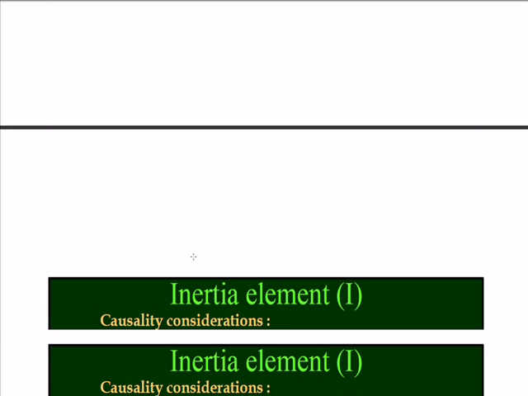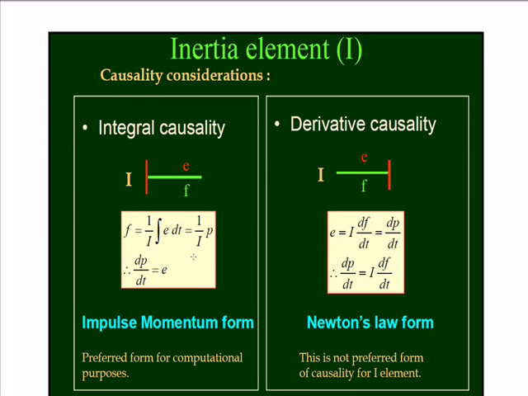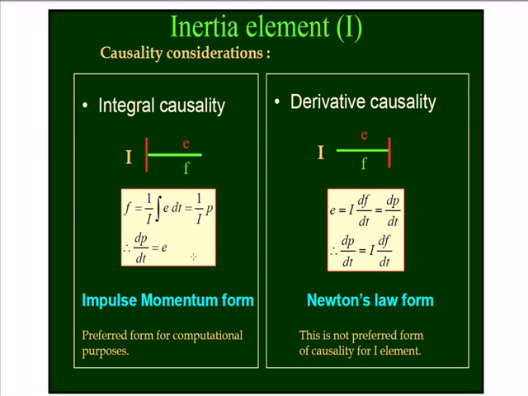In this case, you also have two ways. You have one integral form, one derivative form. I think by now you have observed what I just said, that if you have a form where you have integrals, the computer doesn't have much of a problem doing the calculations.